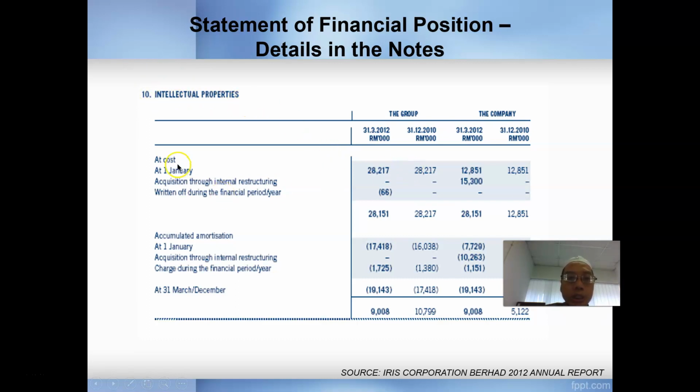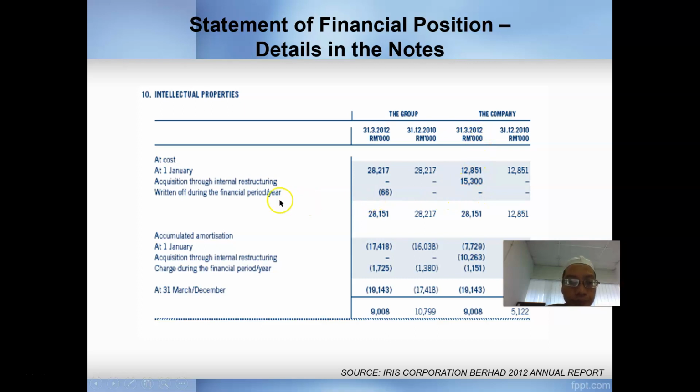It shows the cost of the intellectual property, if there is any acquisition. Here it shows that the group has acquired additional intellectual property in the period up to 31st March 2012.